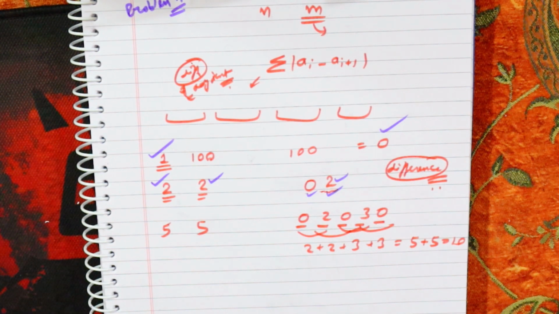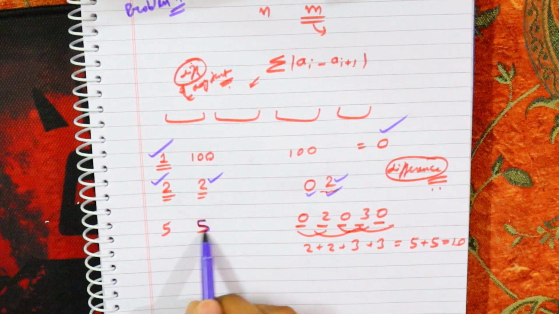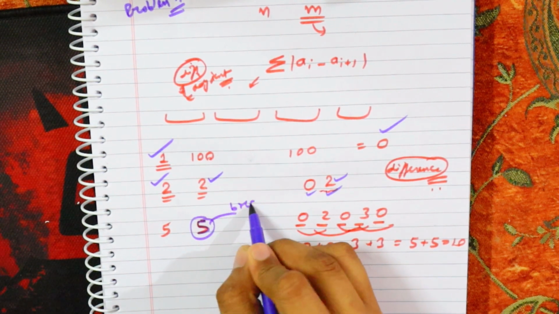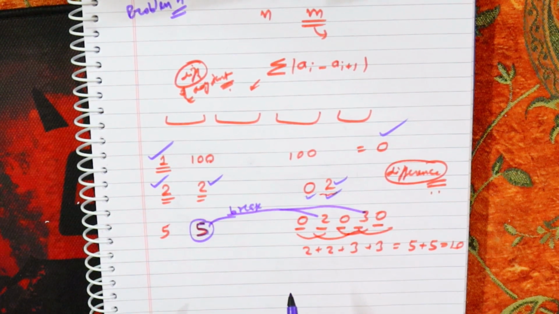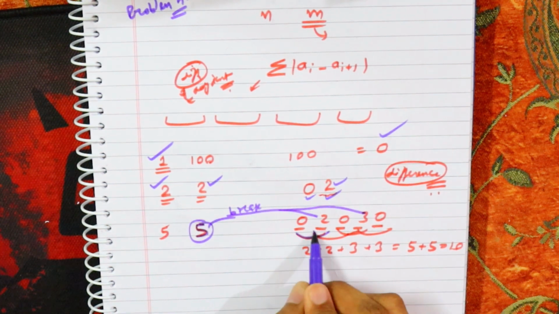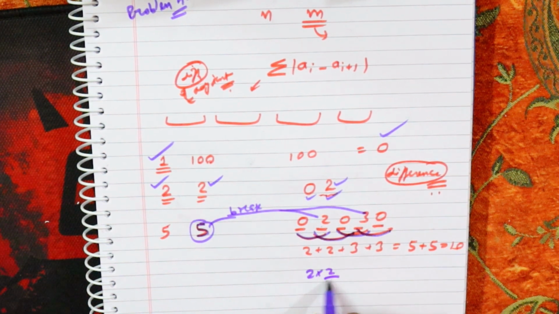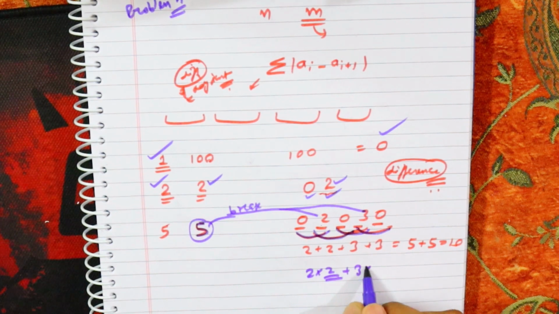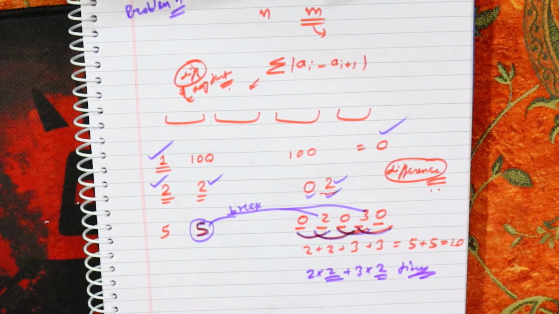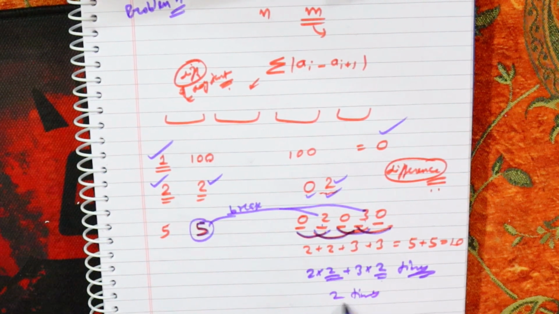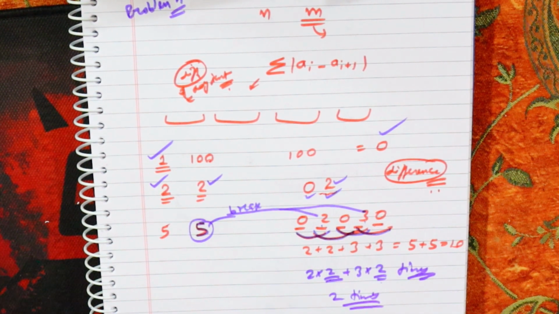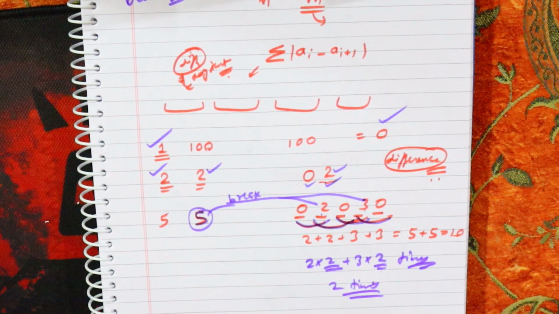If you think clearly, we have this 5 and we break this 5 into 2 and 3. At max, 2 will be repeated 2 times, and 3 will also be repeated 2 times. So at max the sum can be counted 2 times.